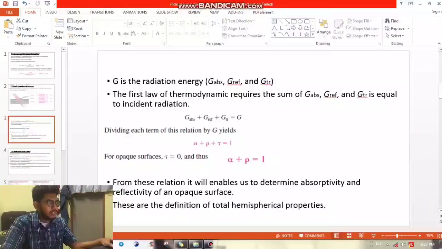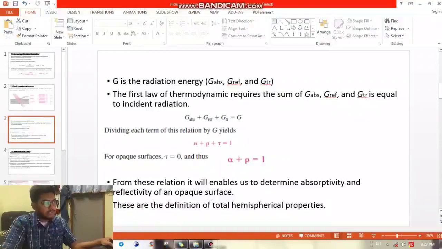The first law of thermodynamics requires the sum of G_abs, G_ref, and G_tr to equal the incident radiation, which is represented in this equation. This equation will be divided in terms of G, resulting in this equation. Next, for an opaque object, the transmissivity is assumed to be 0, and thus we obtain this equation.